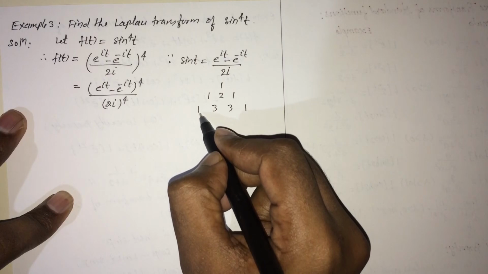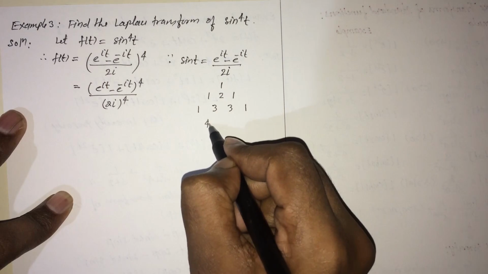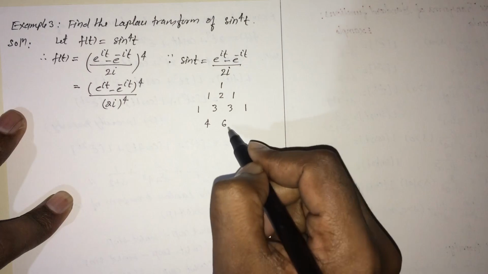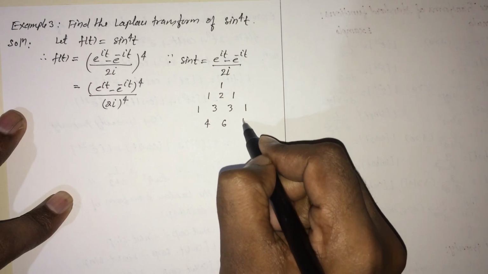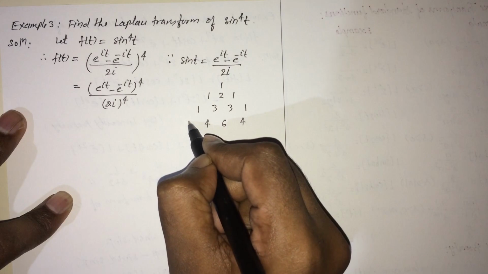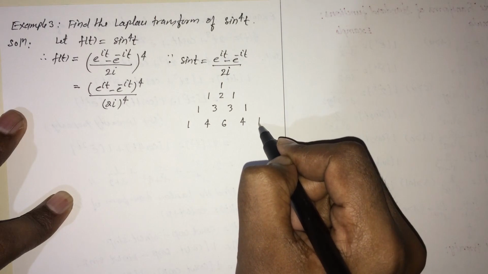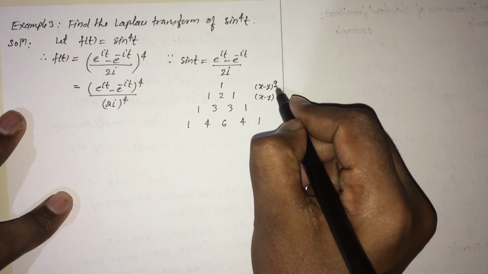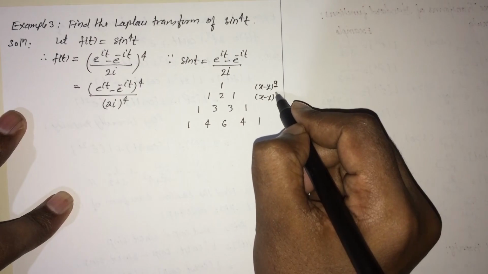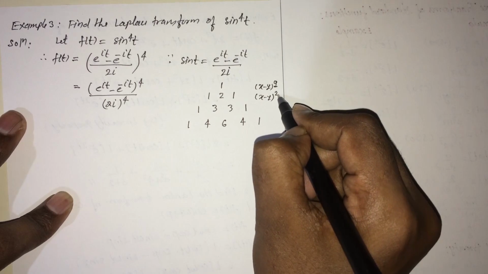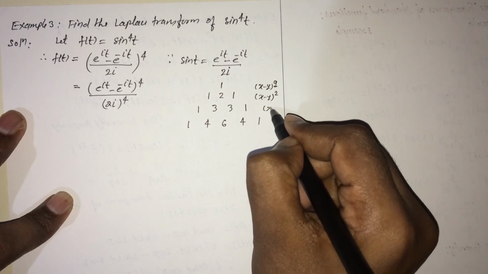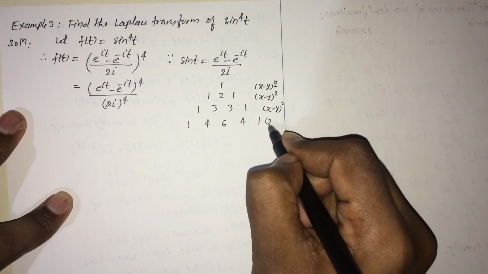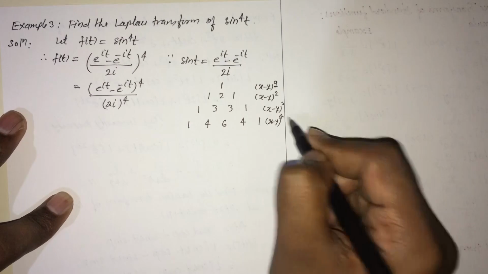Now again add these two, that is 4, and 3 plus 3 is 6, and 3 plus 1 is 4. Now add 1 to the left hand side and to the right hand side. So this is the coefficient of x minus y to the power 1, this is the coefficient of x minus y to the power 2, this is the expansion of x minus y to the power 3, and this is x minus y to the power 4.